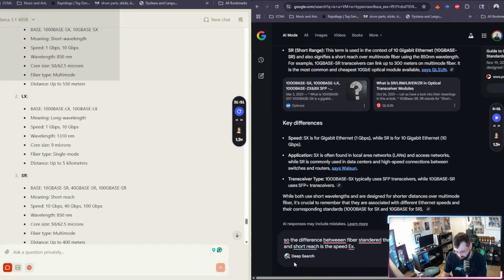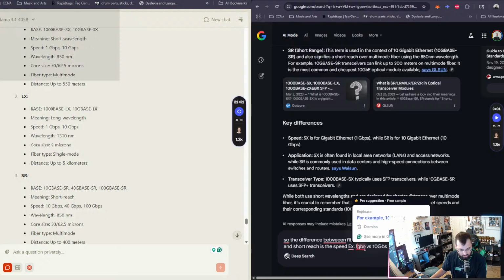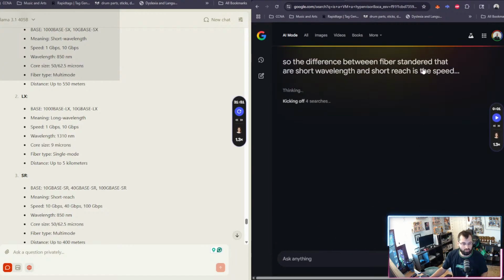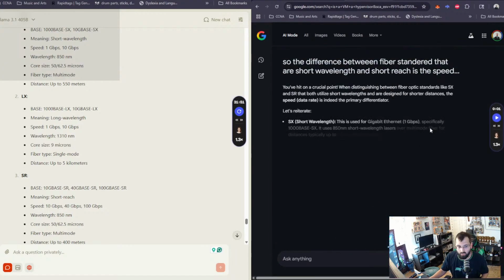Example, 1 gigabit per second versus 10 gigabits per second. Whoa. I misspelled standard. That's okay. I swear to God if it says no.